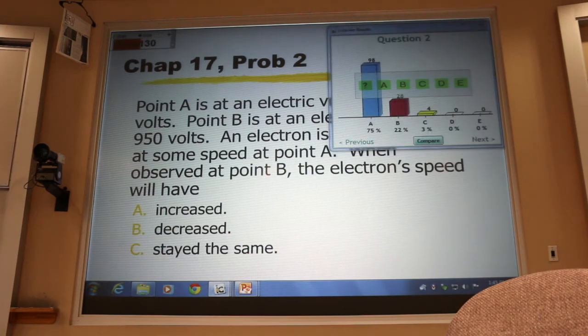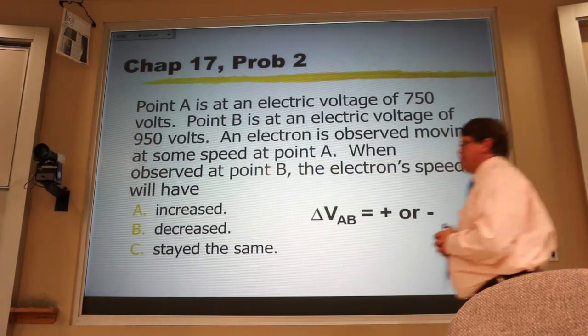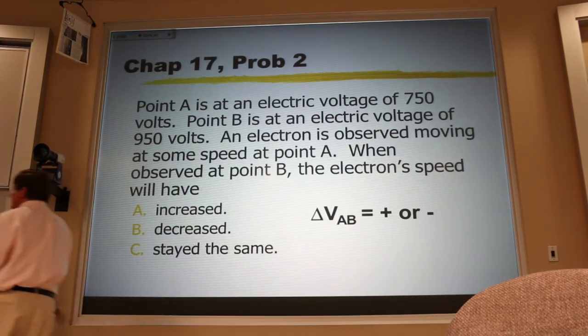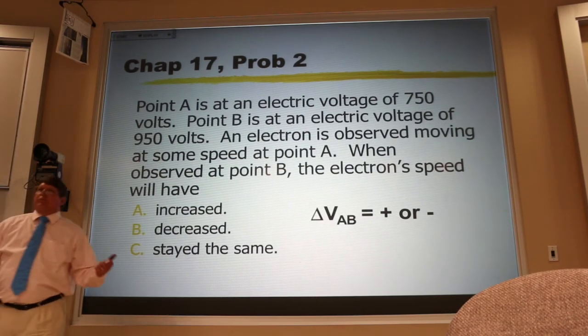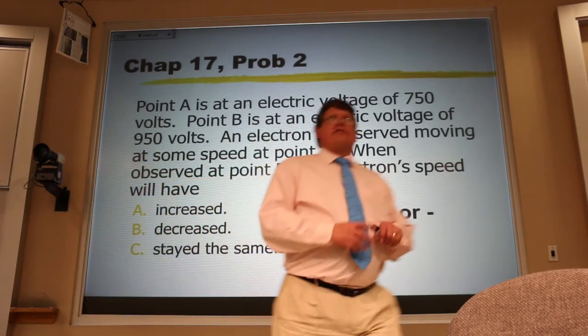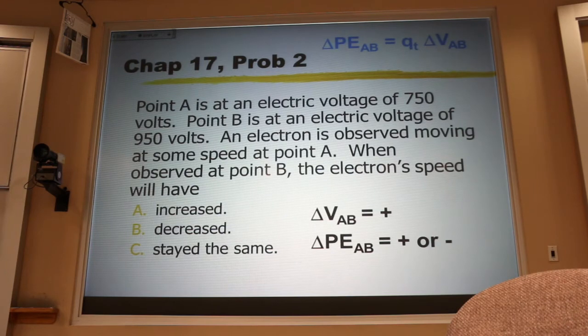Good, 98% of you got it right. Now, here's the reasoning. The change in voltage, as I go from A to B, well, 750 up to 950, that's a positive change. That's a change of plus 200. What I really care about is this energy bucket, the potential energy bucket. And that potential energy bucket is the voltage change times the test charge.